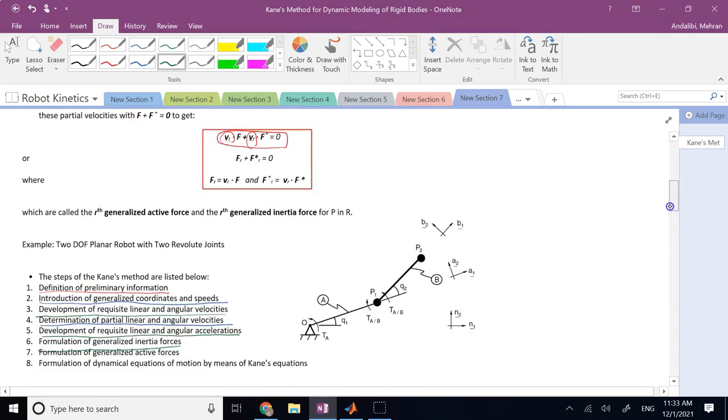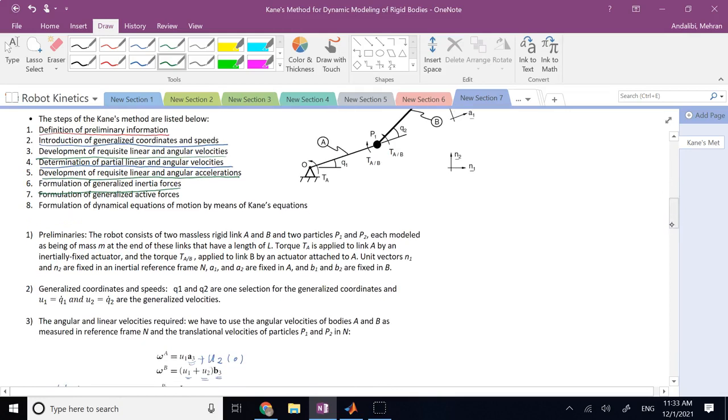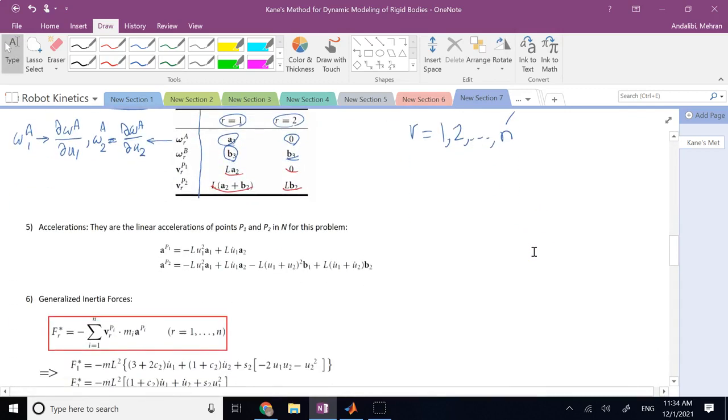So I need to know here the acceleration of the system, linear or angular, that I need in order to go to step number 6. So if I don't know step number 5, I cannot go to step number 6. So let's go ahead and determine the accelerations that I need for step number 5.